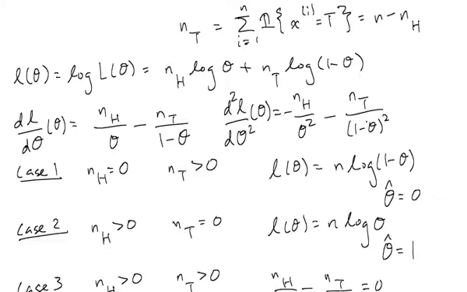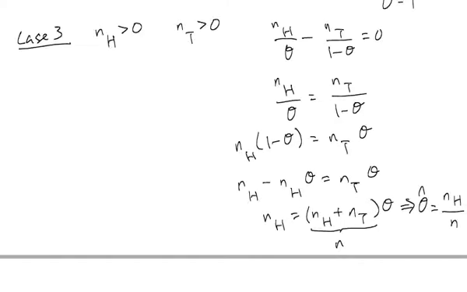Note that when we plug in any theta that is between 0 and 1, not equal to 0 and not equal to 1, so that this is a real number, we have a positive number divided by a positive number, so this thing is always going to be a negative number.